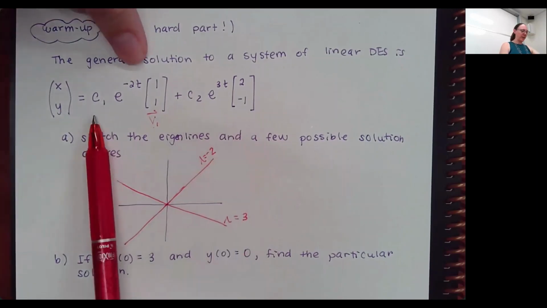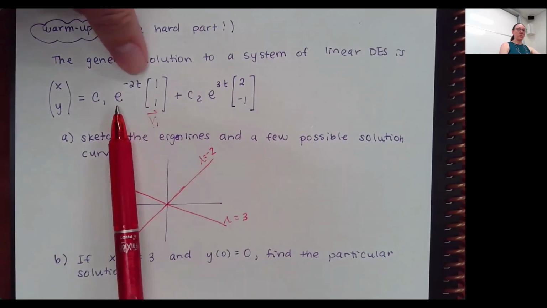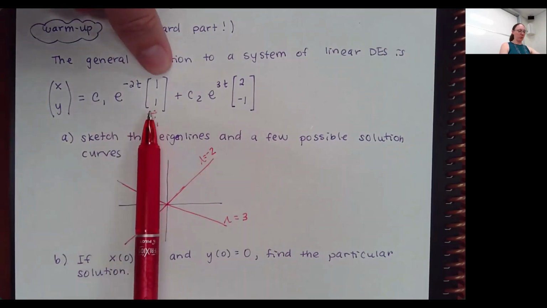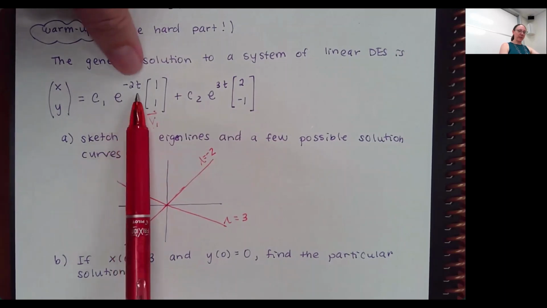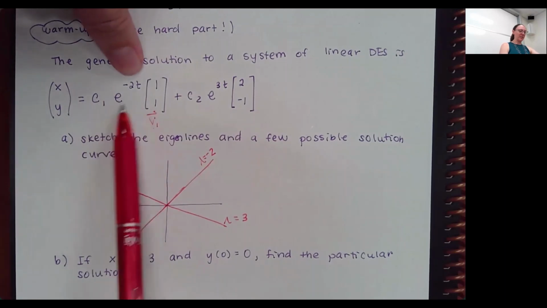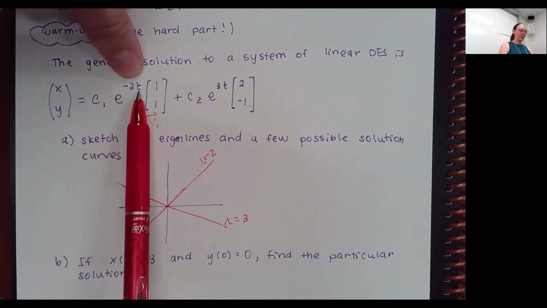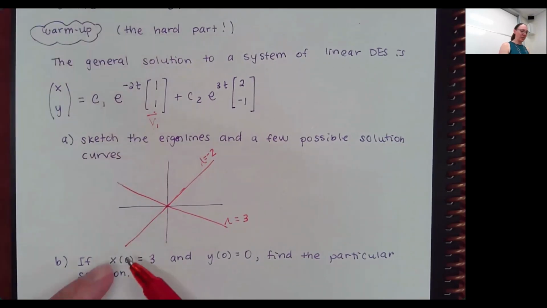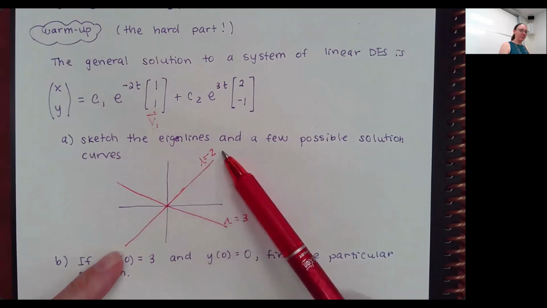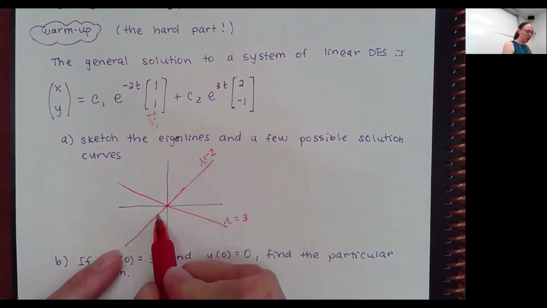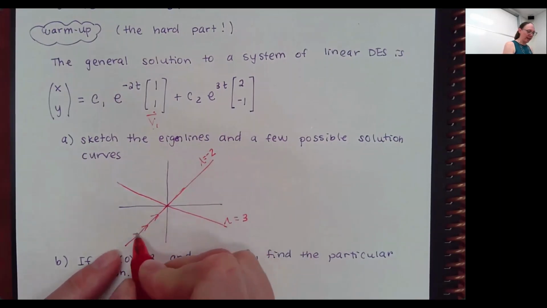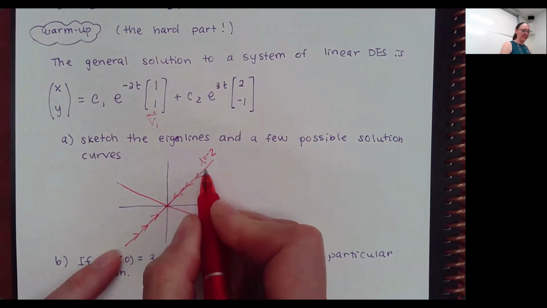So this first piece associated with that eigenline for 1, 1, as t approaches infinity, this is going to go to 0 because e to the negative infinity is headed to 0. So that means that along the eigenline associated with lambda of -2, my solution curves would just head straight in to 0, 0.